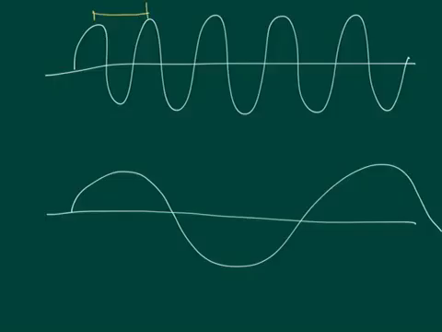Down below, when the frequency is lower, there aren't as many wave cycles, the wavelength is going to be bigger, right? So we're seeing a very easy illustration where when the frequency is large, a lot of waves, the wavelength is small. When the frequency is small, the wavelength is big. They are inversely proportional.